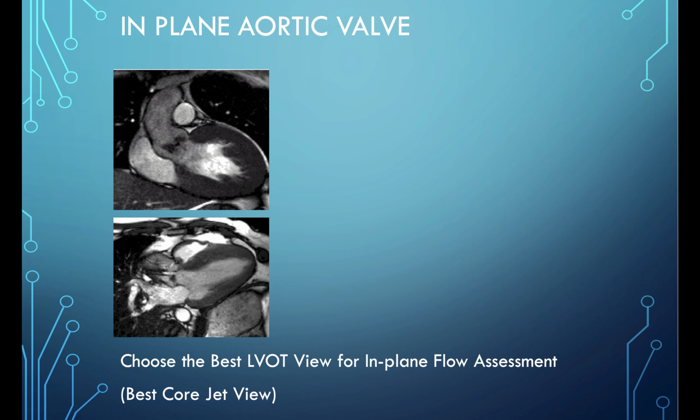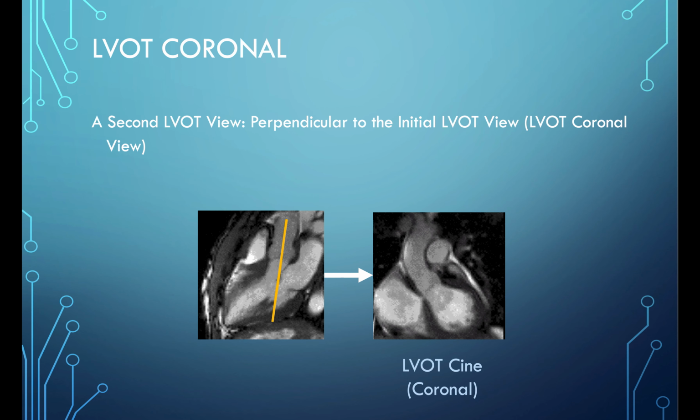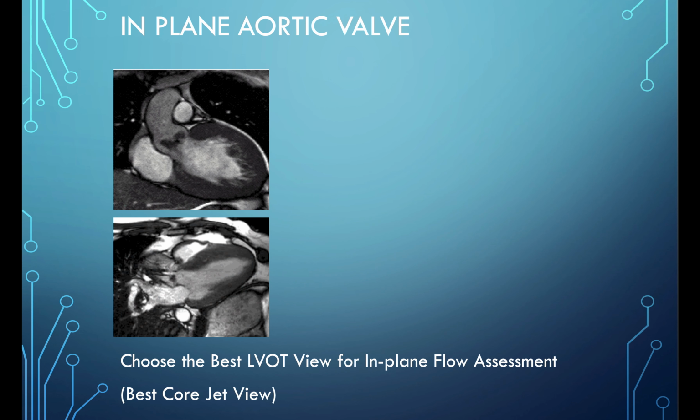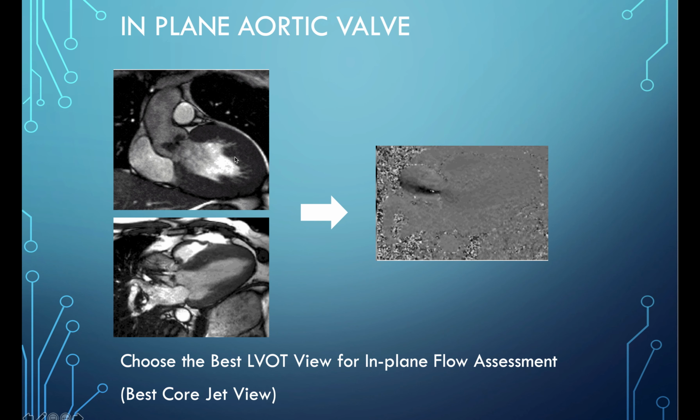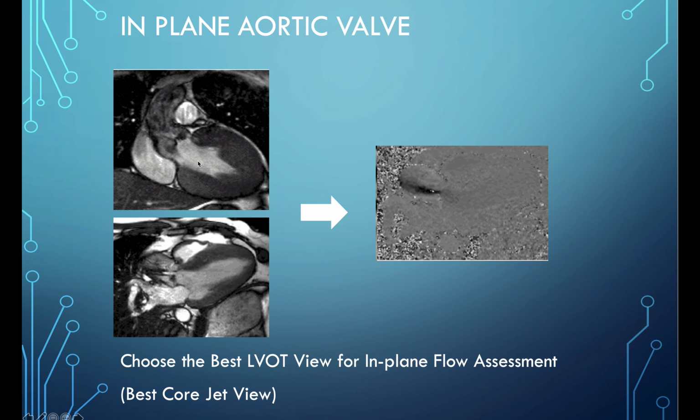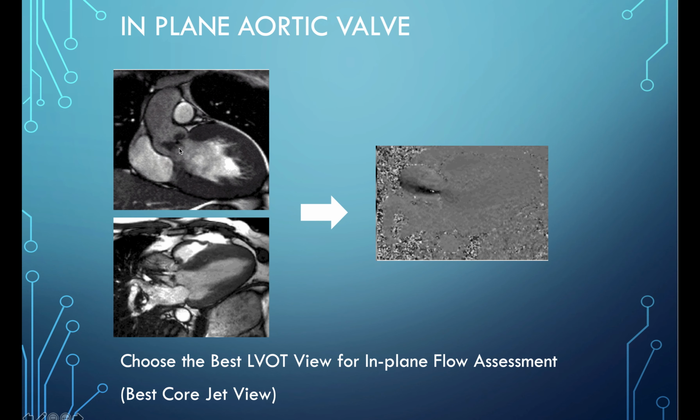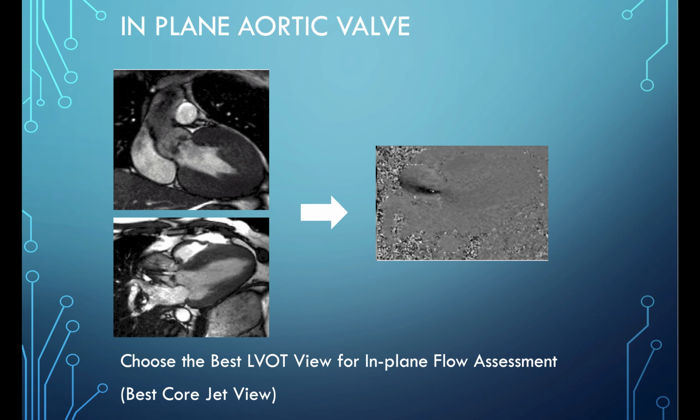Using either of those, we can do a phase contrast sequence. At that time, we call it an in plane, as the acquisition is parallel to the direction of the blood. So we can see the stenosis, and we can measure the velocities across the valves.